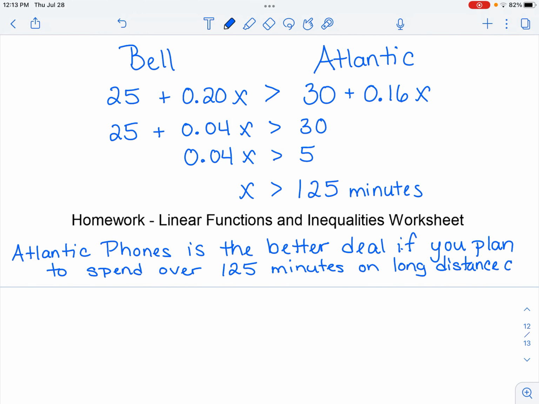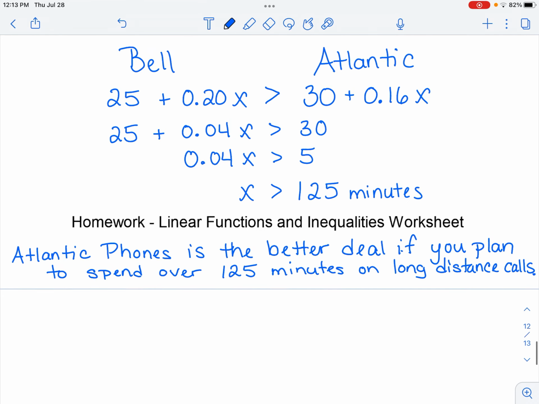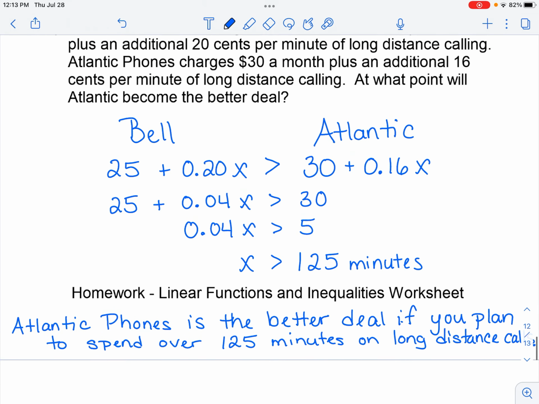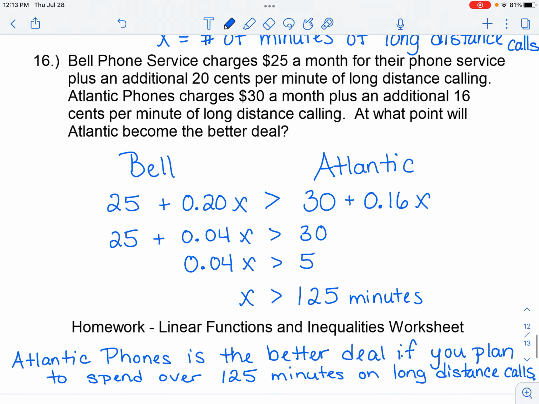Ooh, let me slide up so I can write the words. Sorry, I ran out of space there. All right, so Atlantic Phones is the better deal if you plan to spend over 125 minutes on long distance calls.